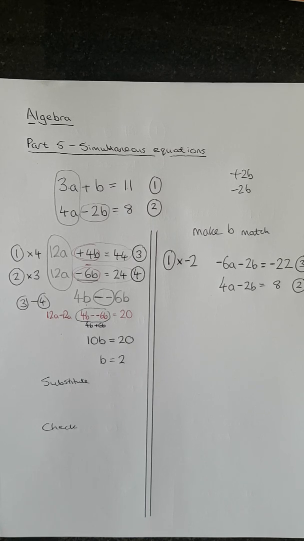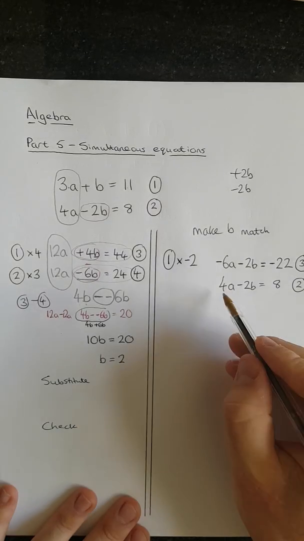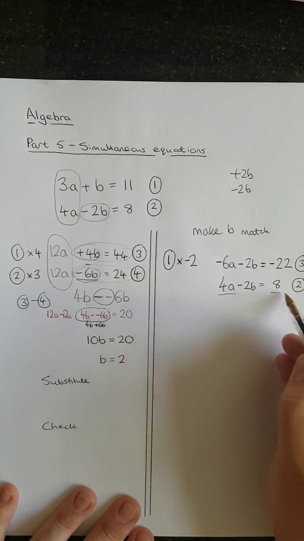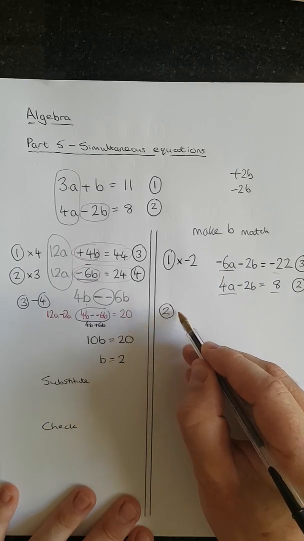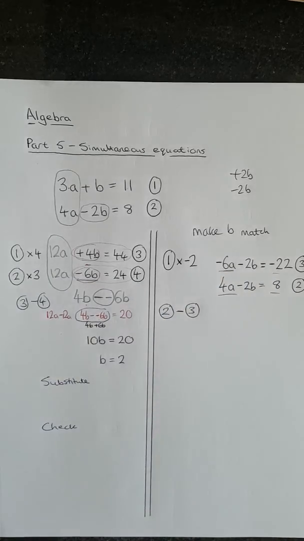You might be thinking there's a lot of negatives in here, but we can still resolve this just fine. This one, with 4 and 8 being positive, has bigger values than here. So we'll do 2, take away 3.